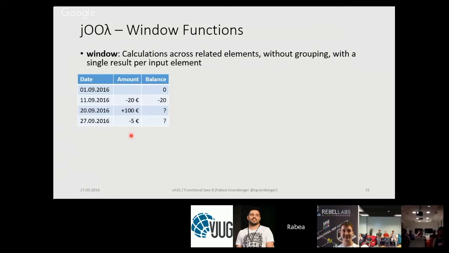If you watched the session by Lukas with the SQL tips and tricks earlier, you might already know the solutions for this, but let's see how we can solve it in Java instead of SQL. So what we have here is my bank account with all the withdrawals, like minus 20 euros on the 11th and the deposits, 100 euros on the 20th. And what I want to see is the account balance for each date.